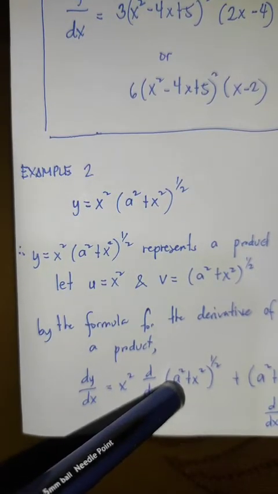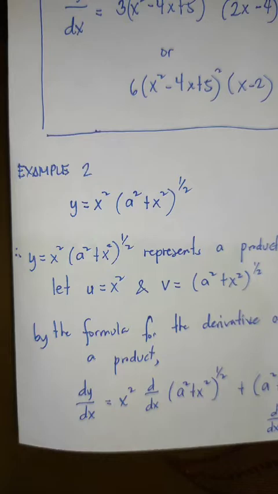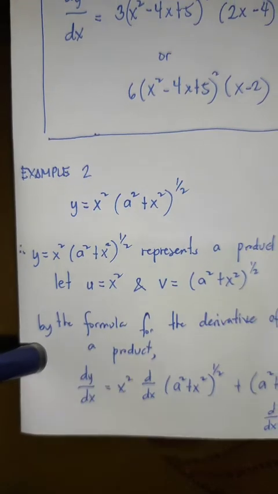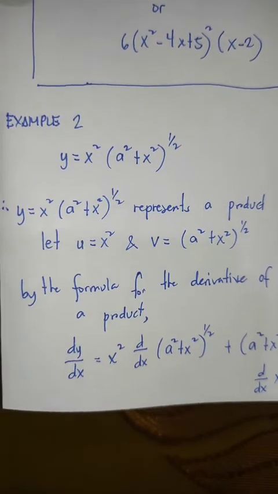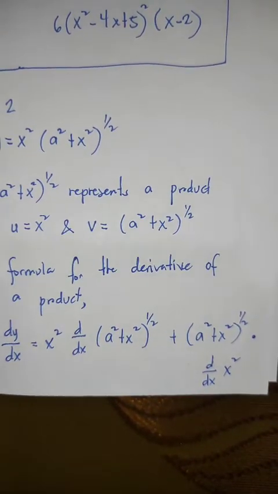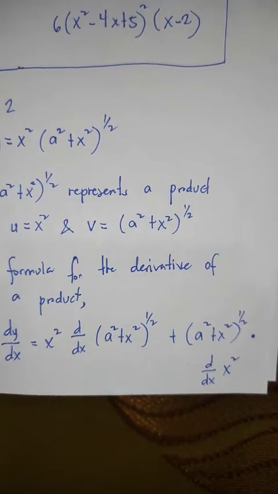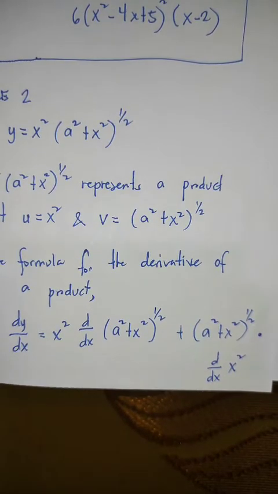Complex siya in the sense na pwede ka pa mag-differentiate sa loob, tapos meron siya sa labas. So, magiging siyang, before tayo mag-proceed doon, u dv dx plus yung derivative ng loob, tama ba?